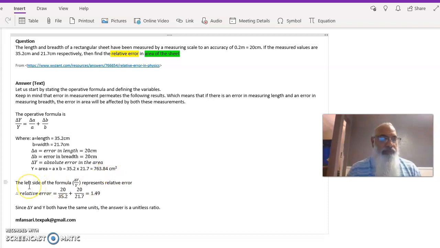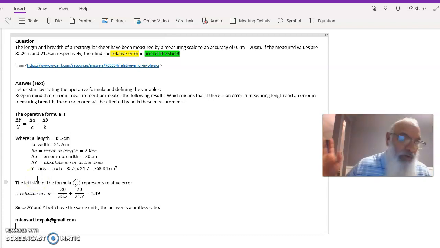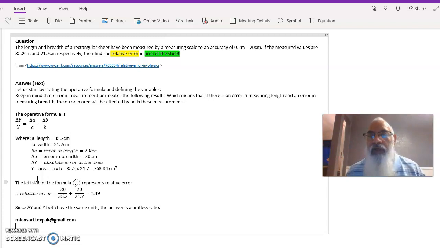Okay, so the question is asking for relative error, and relative error basically means, relative here is not like your uncle or aunt or granny. This relative is a comparison. In comparison to the calculated value of y, how much is the error?